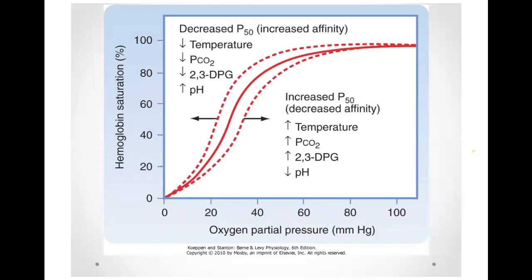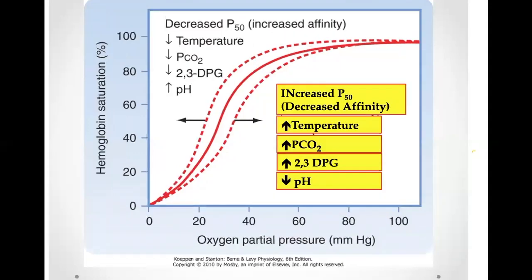And this would be the opposite: decreased temperature, decreased PCO2, decreased 2,3 BPG, and increased pH. Now, friendly tip, do not memorize both. I'm going to give you a heads up, for examination purposes, what is more important, physiologically and biochemically, is going to be the factors or conditions that cause a shift to the right. So I strongly encourage you to memorize those.